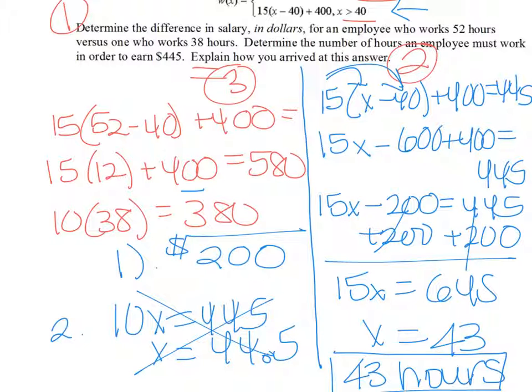So due to the fact that if we had solved using the first equation, it wasn't going to fit within the constraints of the domain, we used the second equation and we solved for x. So we set the second equation equal to 445 and solve for x.